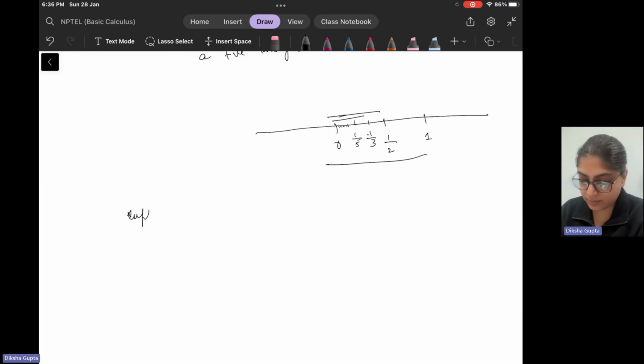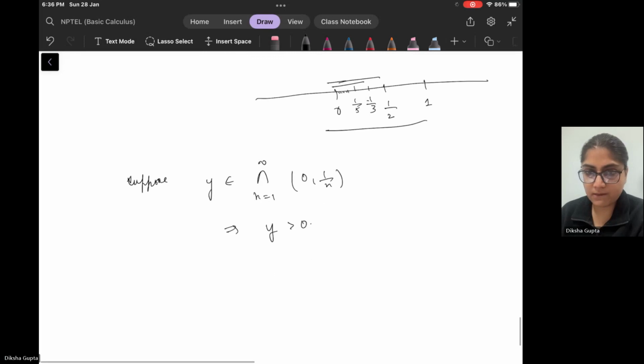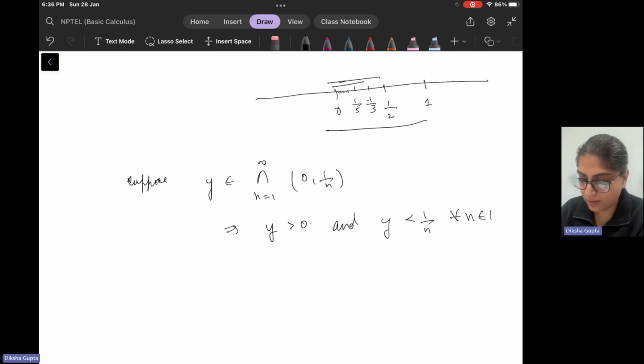So suppose, we'll go by contradiction, y belongs to the intersection for n equals 1 to infinity of (0, 1/n). This implies y is greater than 0 and y is less than 1 by n for all n belonging to the natural numbers, because y belongs to the intersection and so it will be in each of these sets.